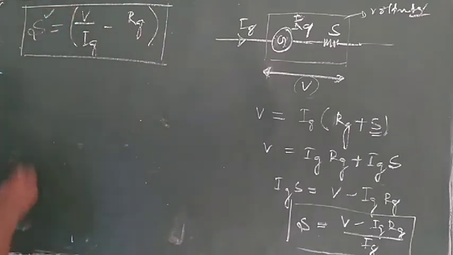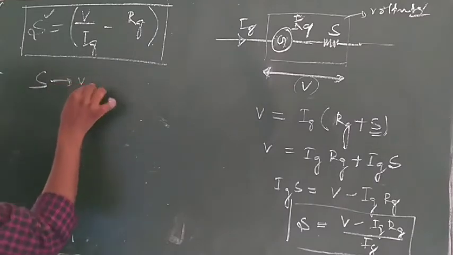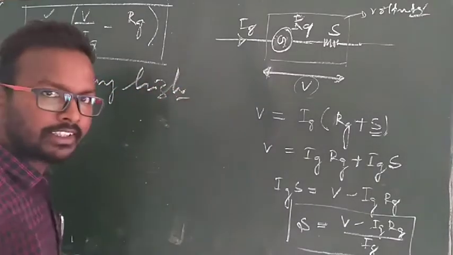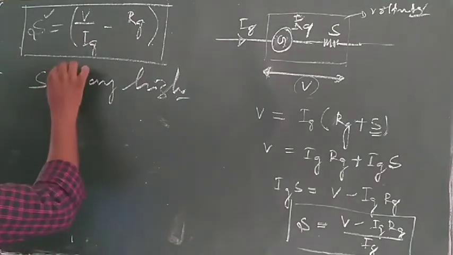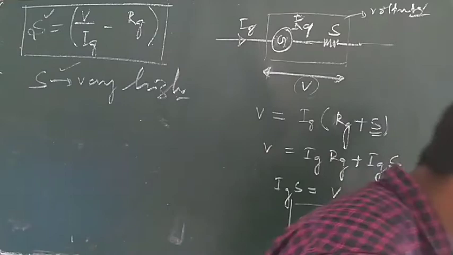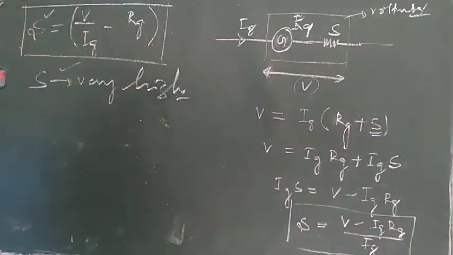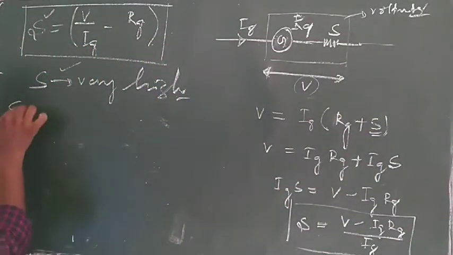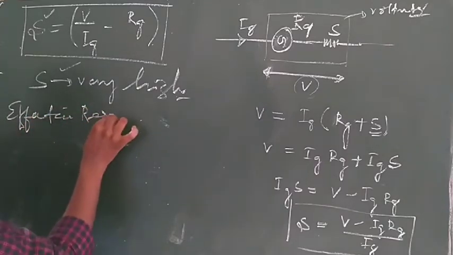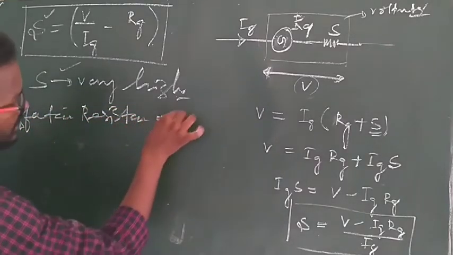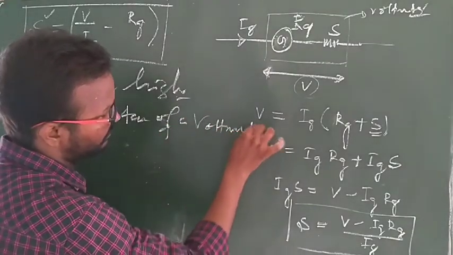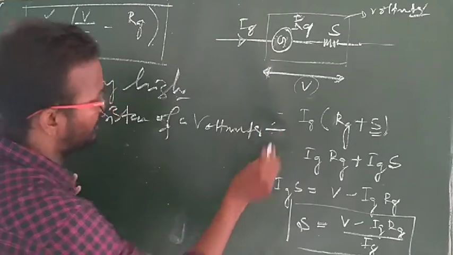The high resistance value is very high. Okay. And you can determine the high resistance by using this relation. Clear? Okay. Now we will go for the effective resistance of a voltmeter.